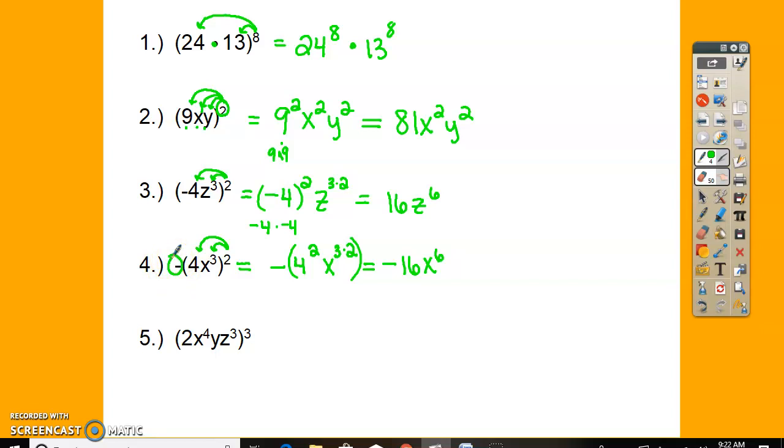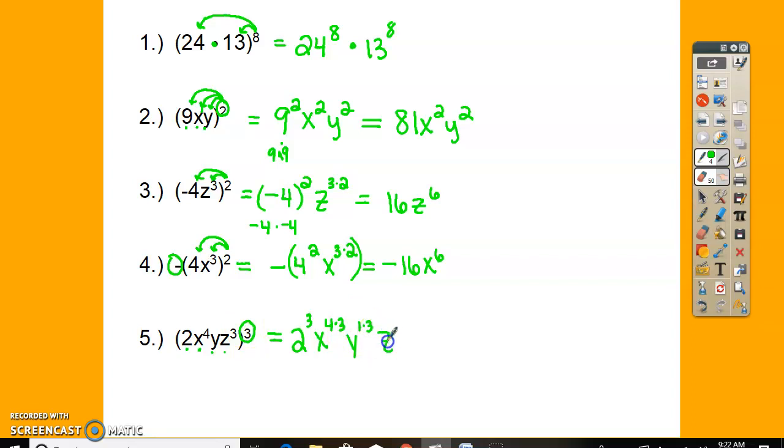Then, final one here. This is much larger, but it's the same process. Every one of these bases gets this exponent of a 3 attached to it. So I end up with a 2 to the 3rd power. Then my x to the 4th gets that 3 attached to it, so they're being multiplied. My y to the 1st gets that 3 attached to it.